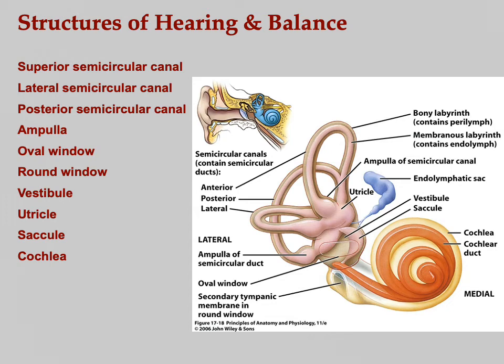So, yeah, those are inside of the vestibule. Then notice at the base of each semicircular canal is an ampulla. The ampulla has special little receptors in it for dynamic equilibrium. In other words, for rotation and motion. So the utricle and the saccule are for static equilibrium, just balance. You know, am I standing straight up?